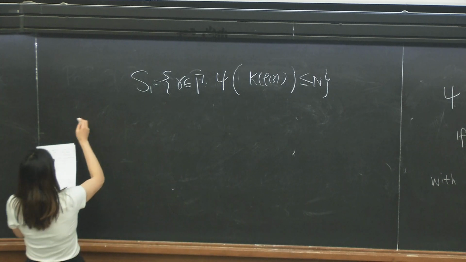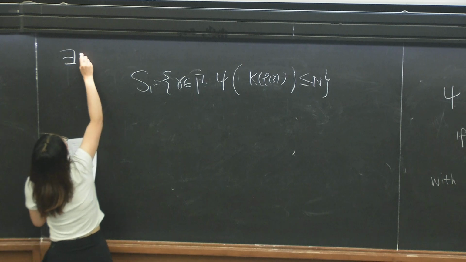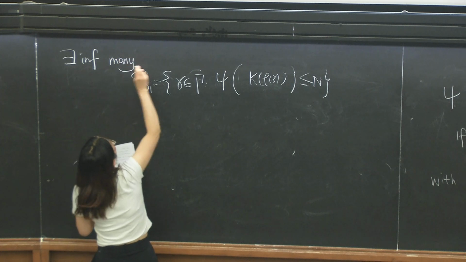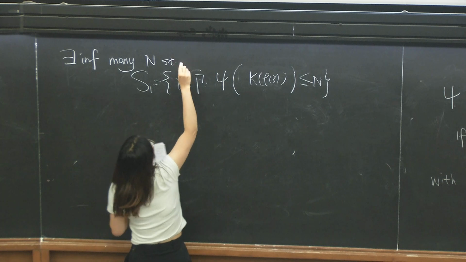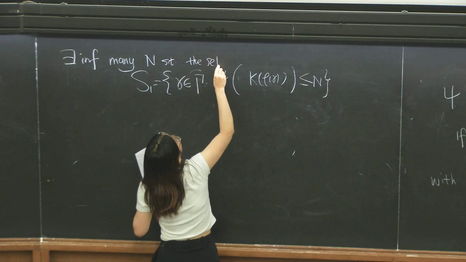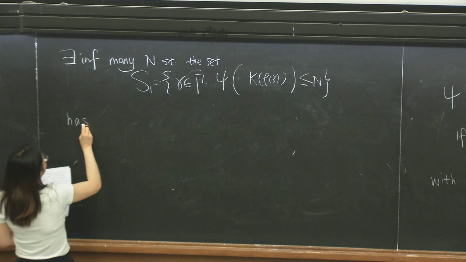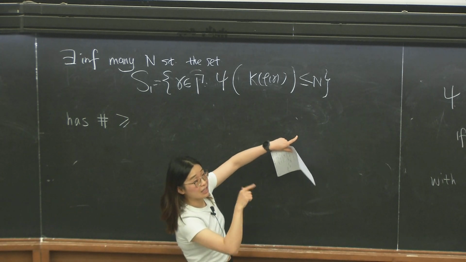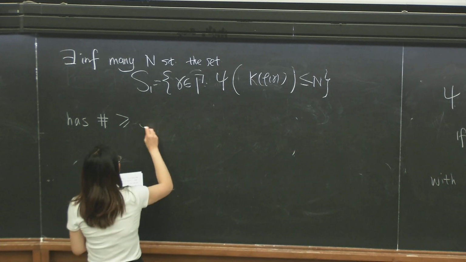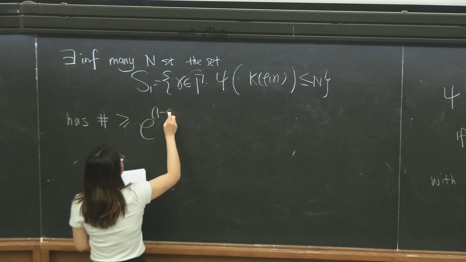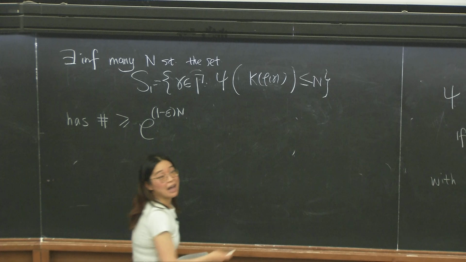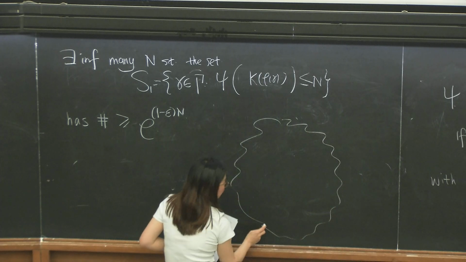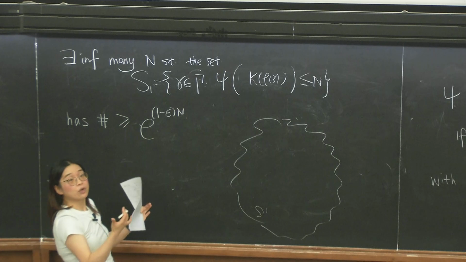I know that I can find infinitely many n such that this set S1 has cardinality greater or equal than, because here for the exponent I use e to the n, so divergence means that it has cardinality 1 minus epsilon to the n, okay? And so at the moment what I get is probably something of large cardinality, but it's not of very good shape.